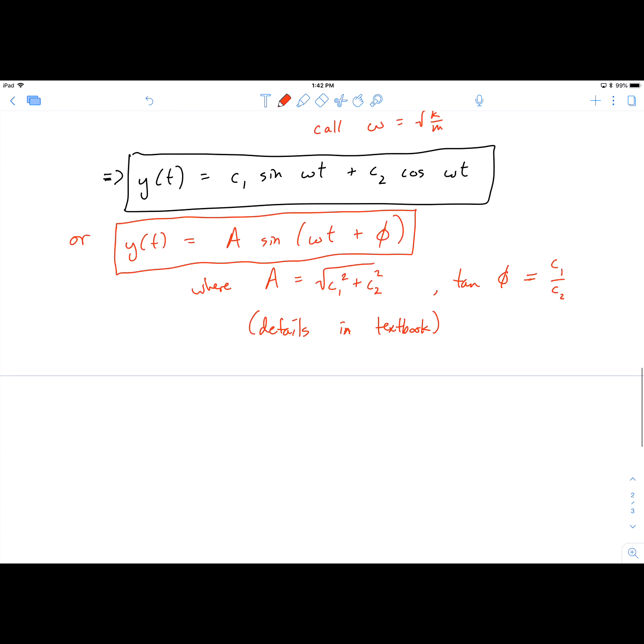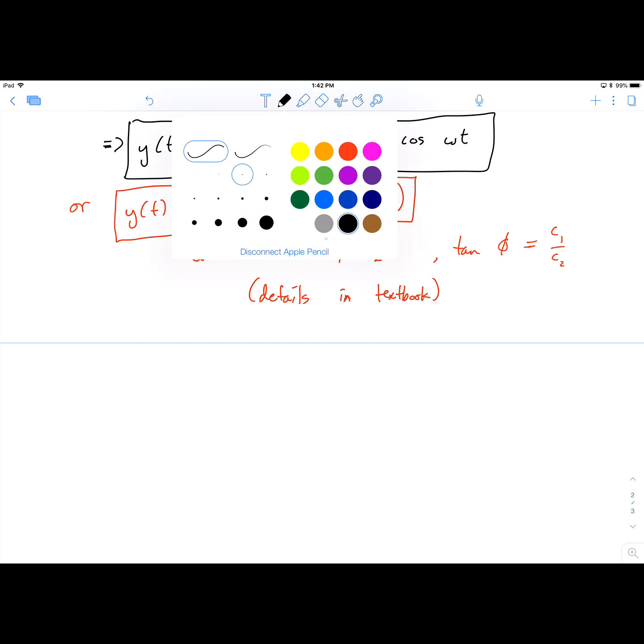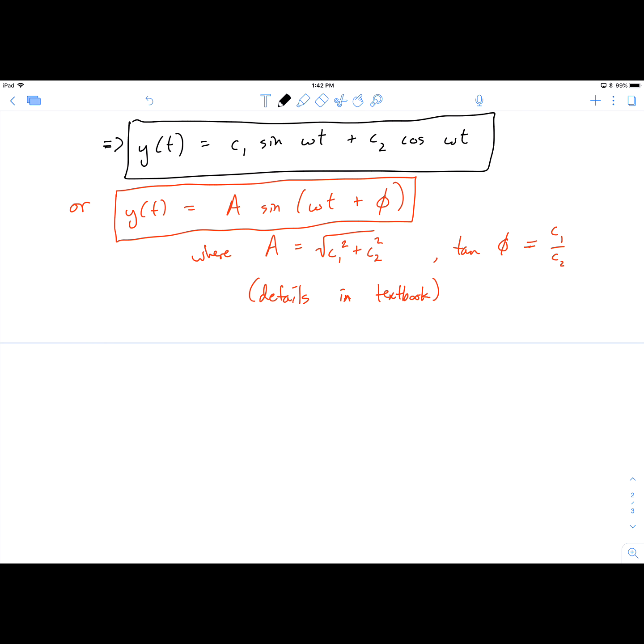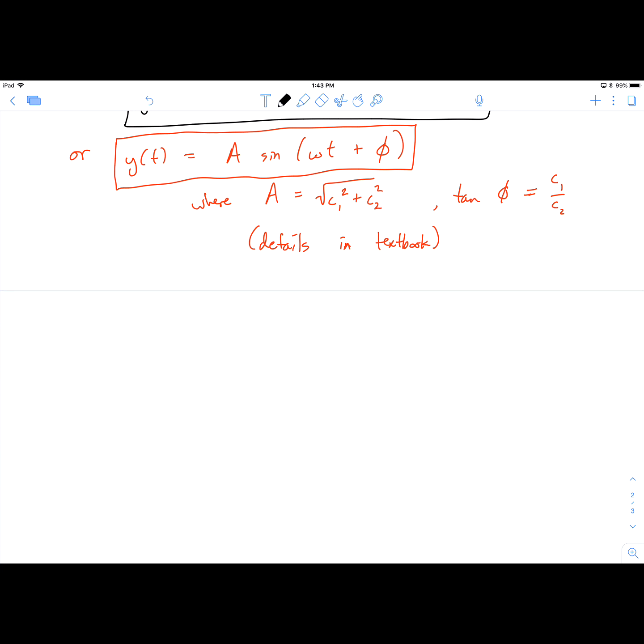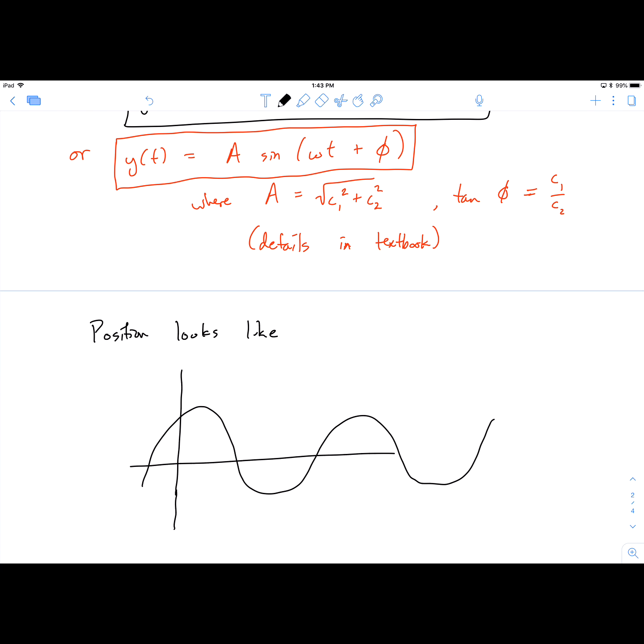But the idea here is that the essential shape of this is a sine wave with some amplitude, some frequency, and some phase shift. So roughly speaking, the position looks more or less like this, where we've got a wave that does this.